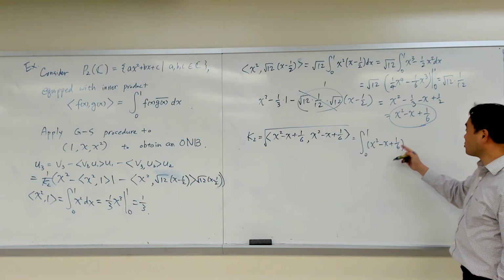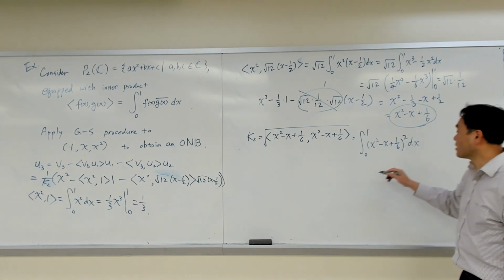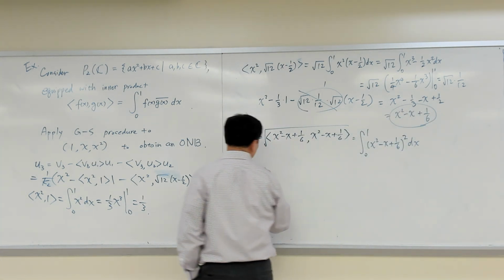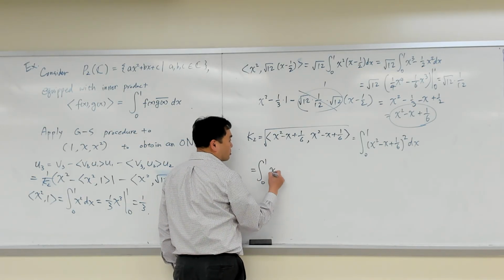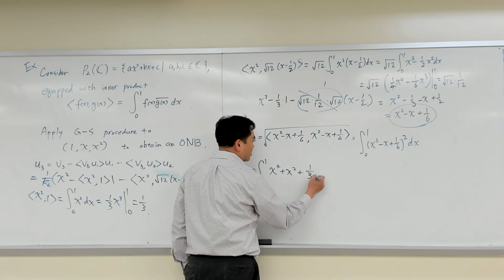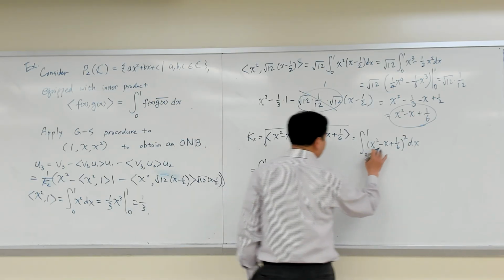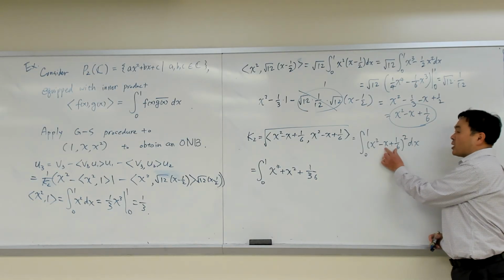Conjugate is not going to do anything because this is all real, so you get square dx. And if you square them, if you FOIL that out, you get x to the 4th plus x squared plus 1/36. So these are the squares of each one of these, but then that's not all. You have to multiply pairwise and double them.